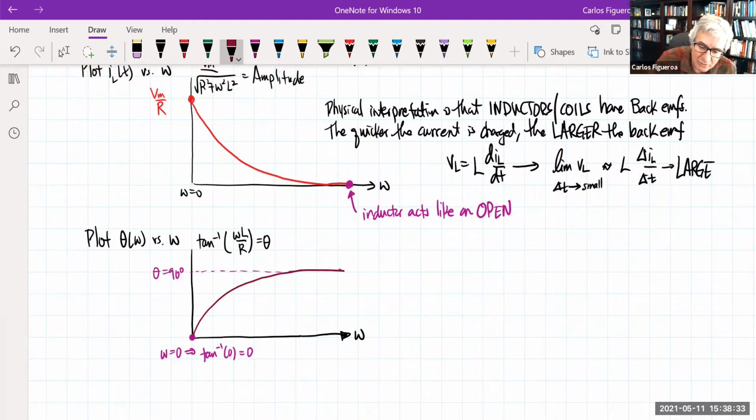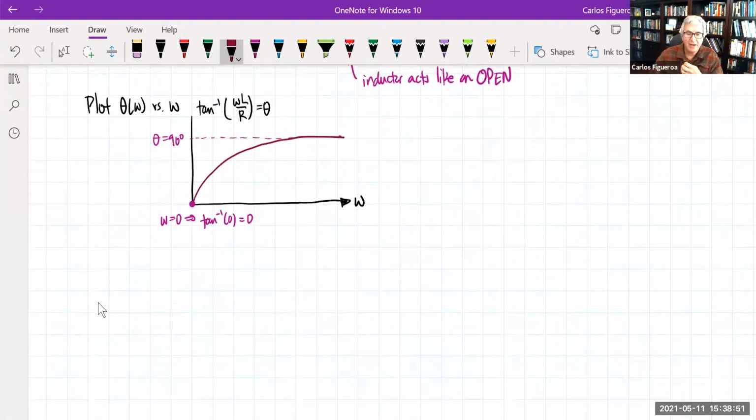Now, we can do the exact same thing with the capacitor here. I kind of know, I can kind of guess at the solutions. I guess we could derive them, but I probably don't want to do that. But I know that the capacitor and the inductor are essentially the opposite of each other, right?